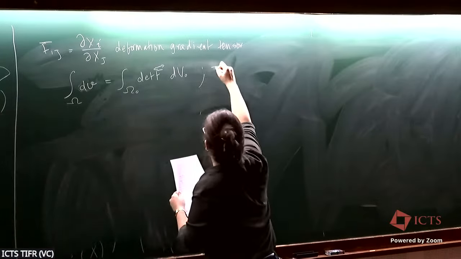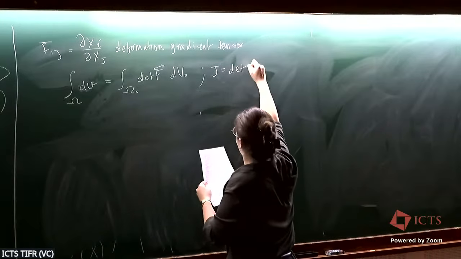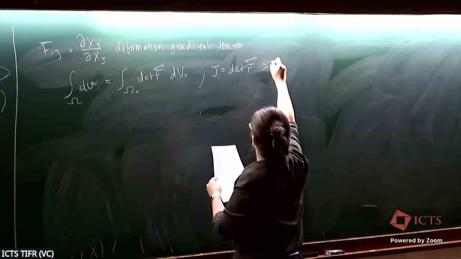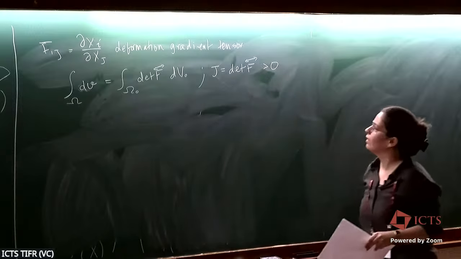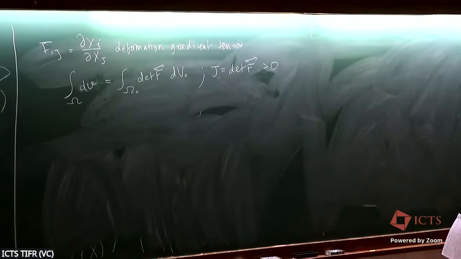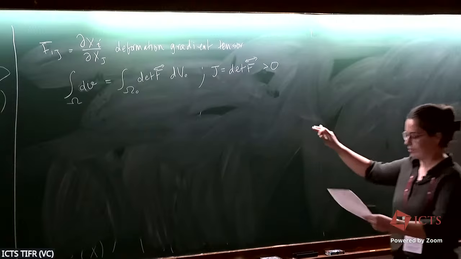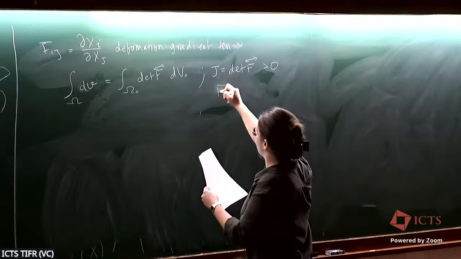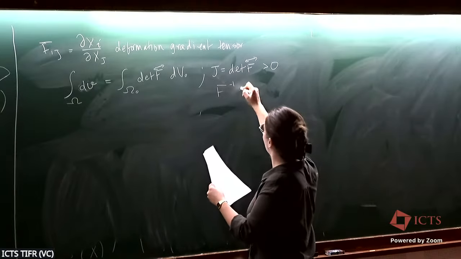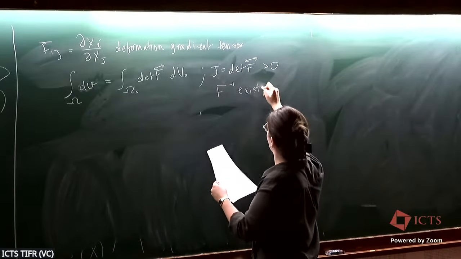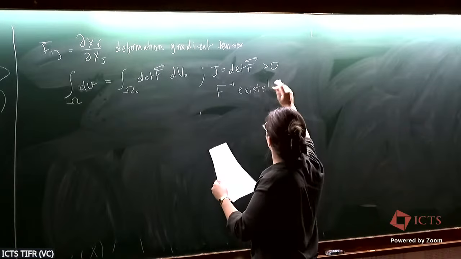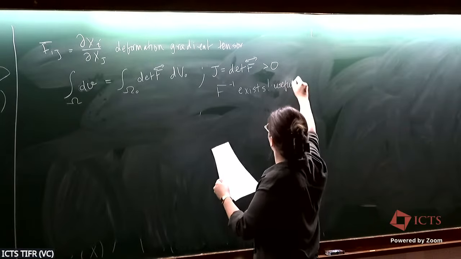And this quantity J, which is the determinant of F, has to be greater than 0. What does that mean? Well, this tells you that volume cannot be shrunk to a point. We're not going to allow ourselves in elasticity to annihilate volume. So this always has to be positive, which is very nice because it tells us that the inverse of the deformation gradient tensor exists, which is going to be something that is useful.